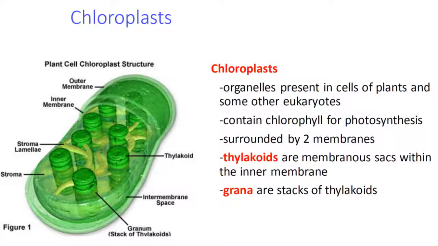Chloroplast. An organelle present in cells of plants and some other eukaryotes, it contains chlorophyll for photosynthesis and is surrounded by two membranes. Two main parts are grana and stroma. The grana are stacks of thylakoids.